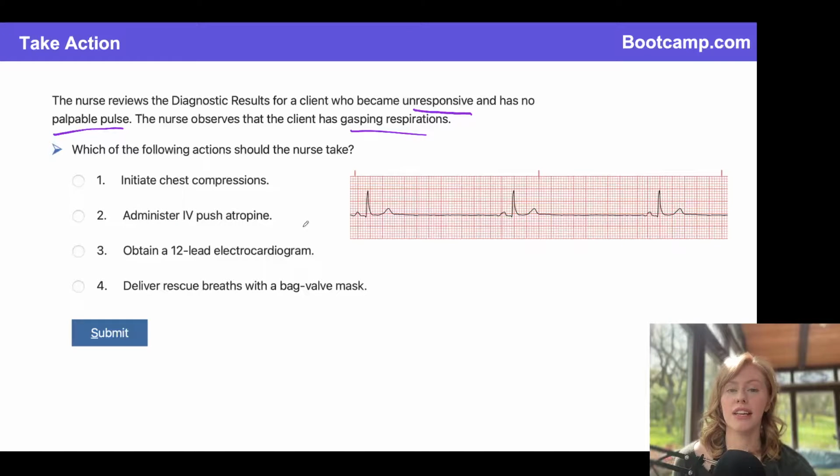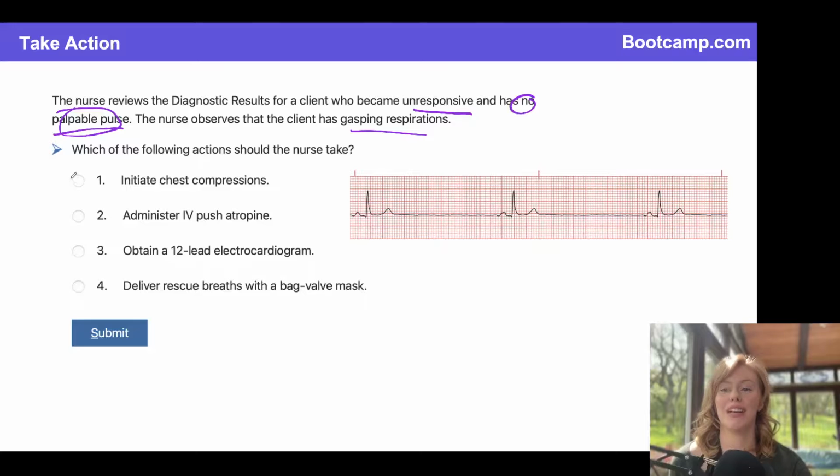The only real piece of information that you need to answer this question is this one, no palpable pulse. It doesn't matter what their EKG shows if they have no palpable pulse. It doesn't matter if they still have respirations or not if they have no pulse. If they have no pulse, they need one thing, and I hope you guys know what it is.